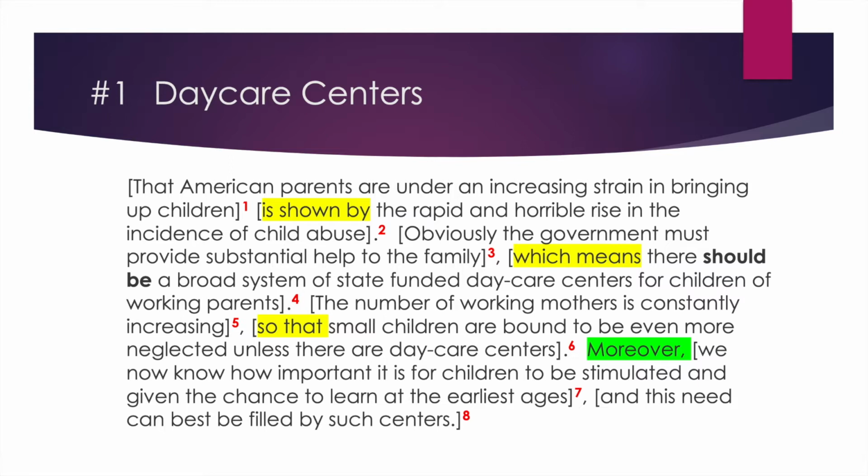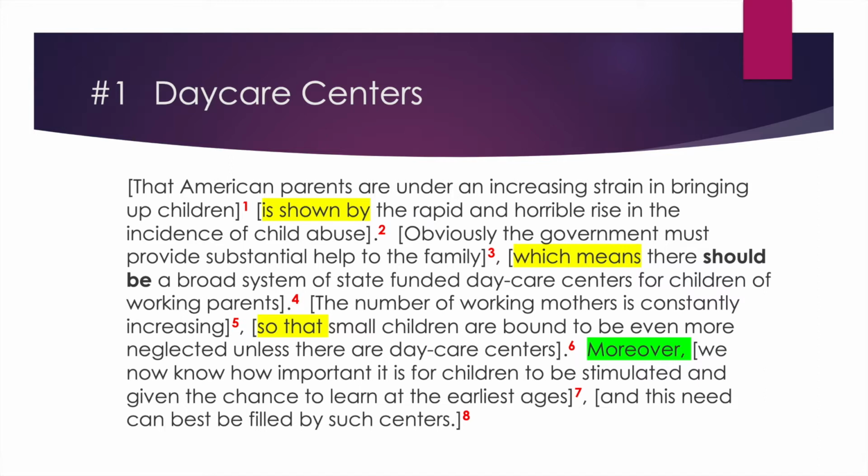So in this sentence, 2 assertions. Number 3, obviously the government must provide substantial help to the family. Therefore, or which means, there should be a broad system of state-funded daycare centers for children of working parents. So 2 more assertions, 3 and 4. But also notice as we're reading, we have a policy claim.